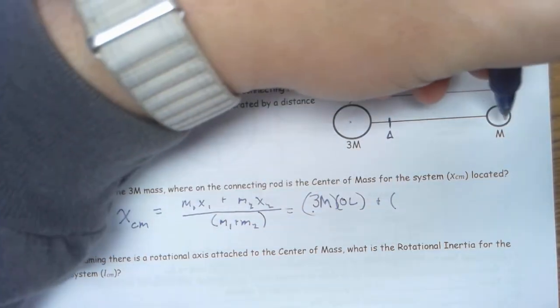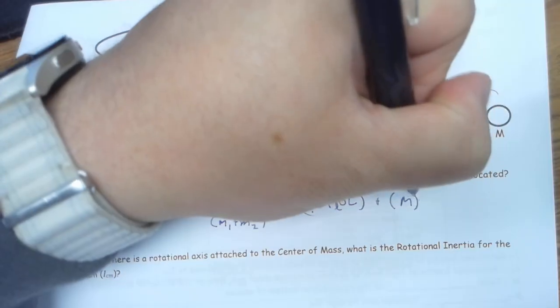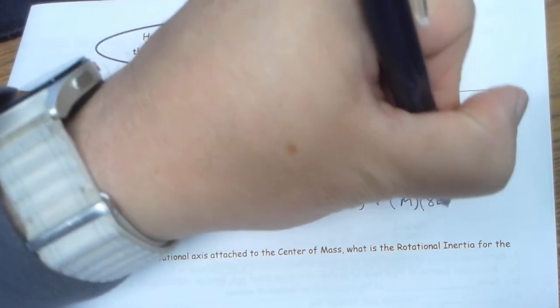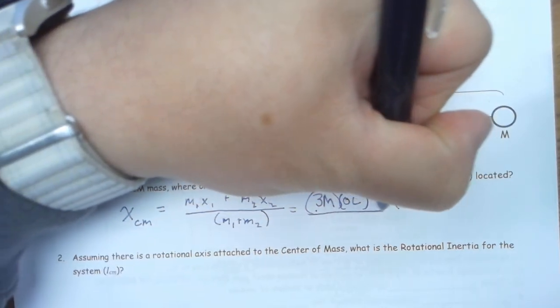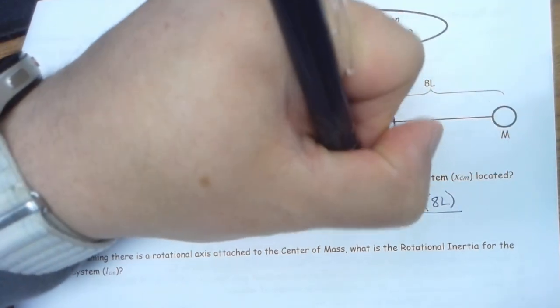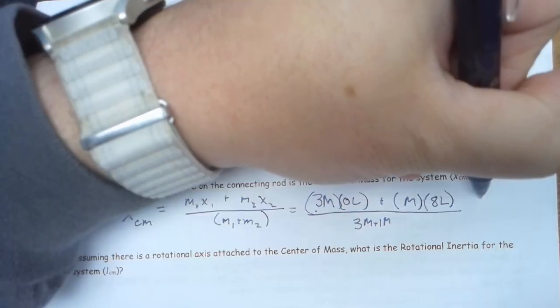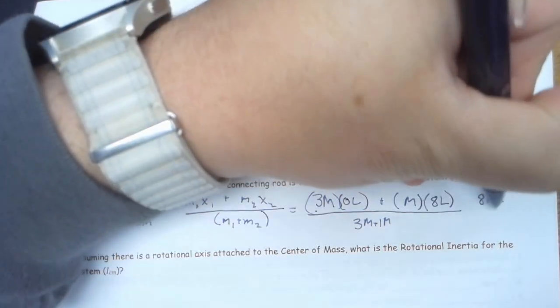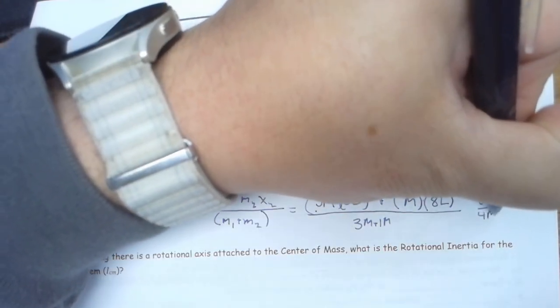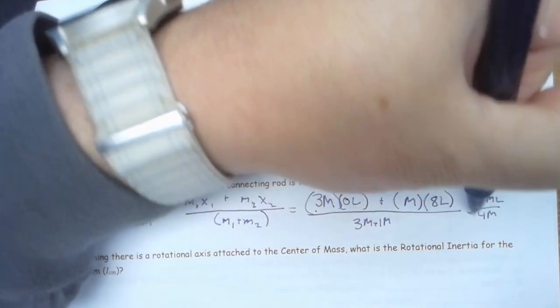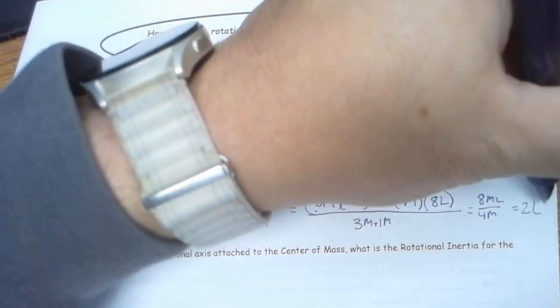Plus, this will be just M, and it's 8L away. And my total mass is 3M plus 1M. So I've got 8mL over 4m. And our answer is 2L away.